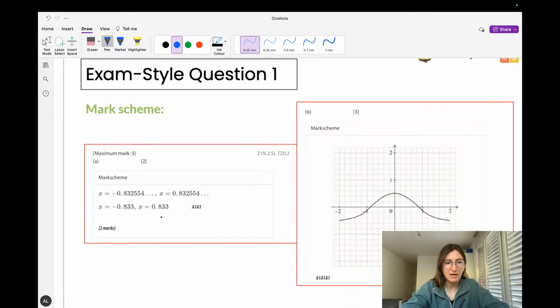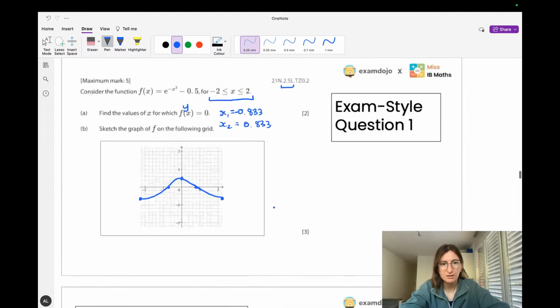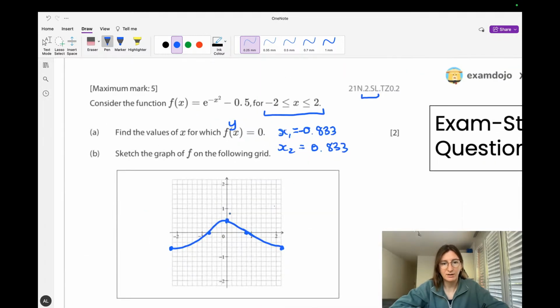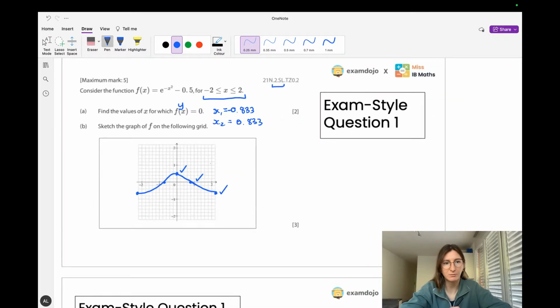It's not wrong to do that, but make sure that you do have 3 significant figures. And the 3 marks here, they would give for having the maximum at the correct place, having the intercepts at the correct place, and having the endpoints at the correct place. So the graphs usually work on those things. And there we go. That was a delightful 5-mark question.